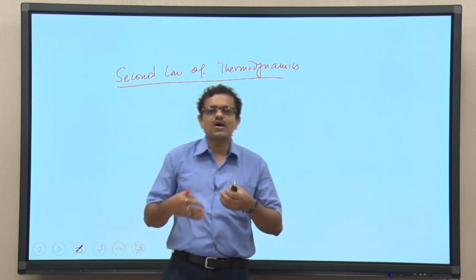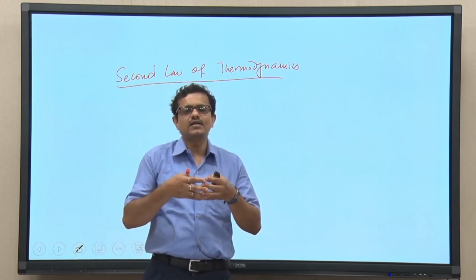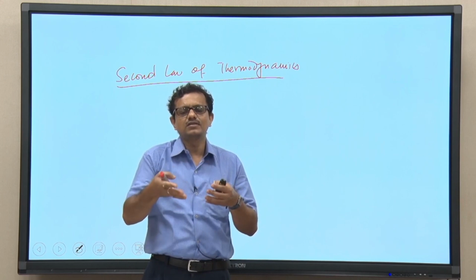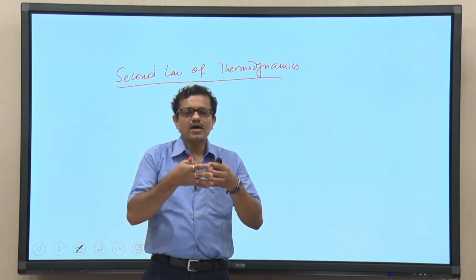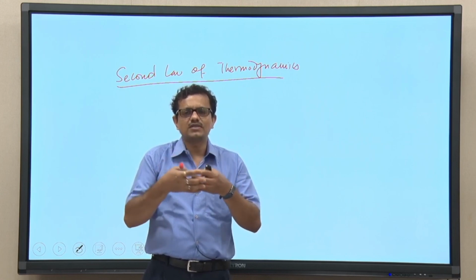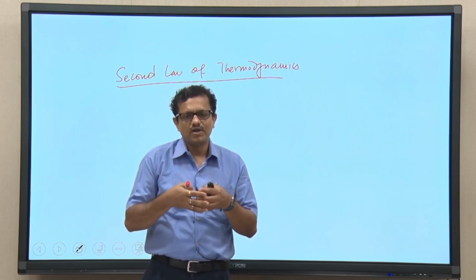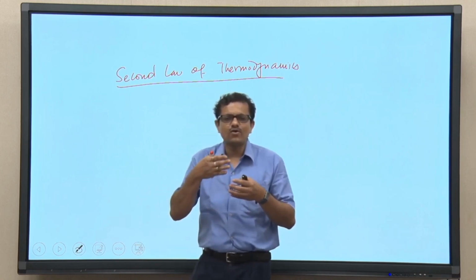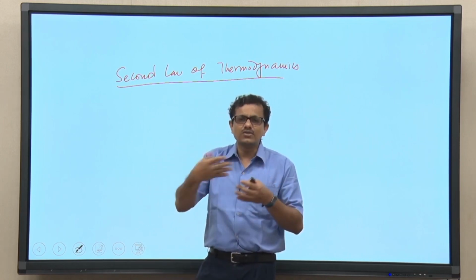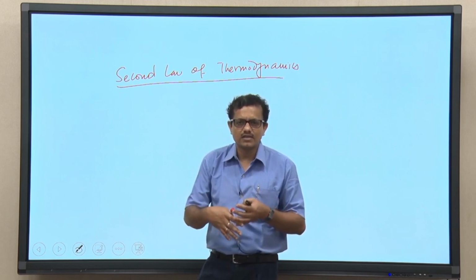So, basically we have talked about that if energy is given by heat to the system, we can take it positive. If work energy is coming out from the system by work, it is taken as positive, but whether heat energy will flow from the surroundings into the system or vice versa?